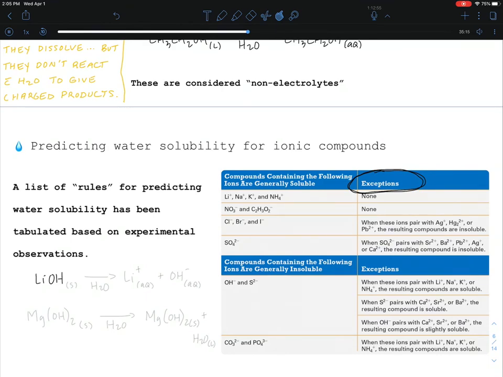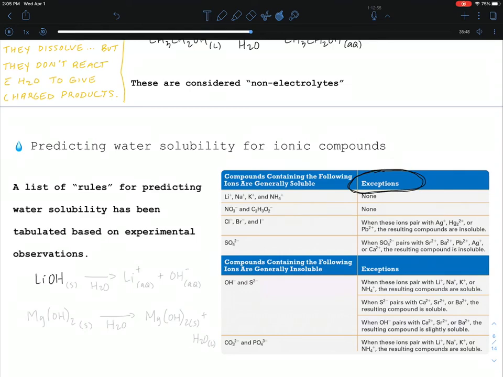I also look down the bottom of the chart and I see that hydroxides and sulfides are generally insoluble, but then I look over at the exceptions and it says, hey, but except when it's paired up with these. Notice how those, lithium, sodium, potassium, or the ammonium ion, are always soluble without exception. So the exception to the rule for the insolubility of the hydroxide or the sulfide are going to be those cations where there aren't any insoluble exceptions.